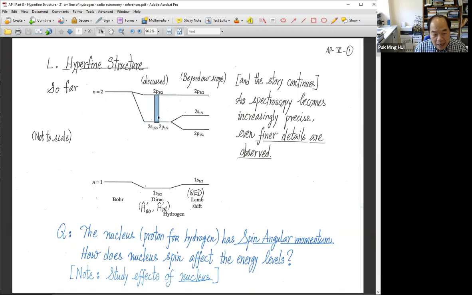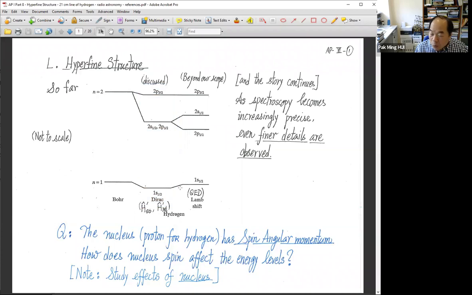And then even the 1s will be shifted because it depends on J, so it shifts down a little bit. This includes the spin orbit interaction and relativistic correction, or if we use the Dirac relativistic quantum mechanics equation, we will get this part. We discussed this rather completely.